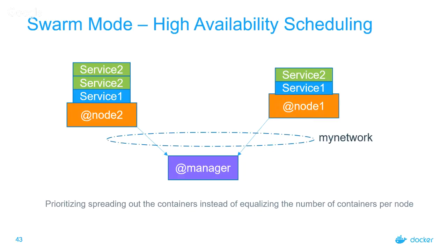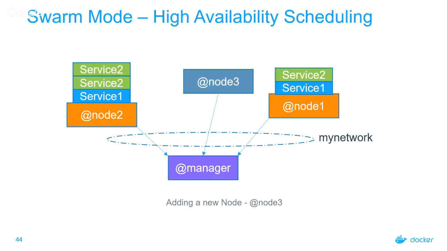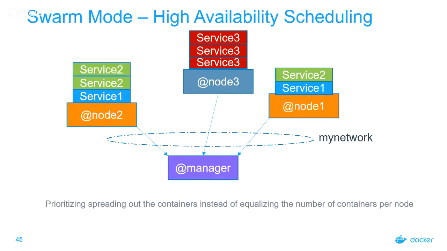At any point of time, say you add 1 more node as shown in this, and you create a particular service. If you are lucky enough, all these services get scheduled on a particular node itself.